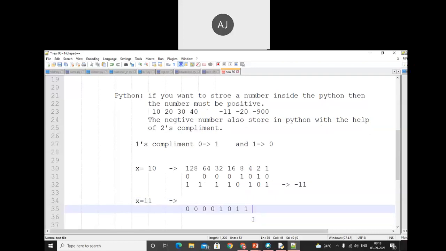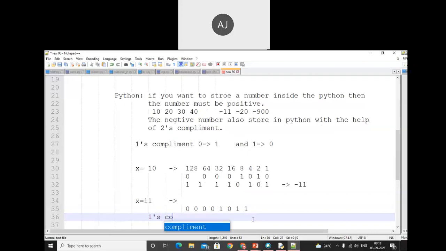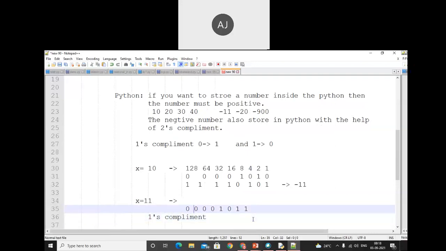So let's do one thing here. I will do the one's complement. We all know that one's complement is nothing but 0 to 1 and 1 to 0. Just one minute.